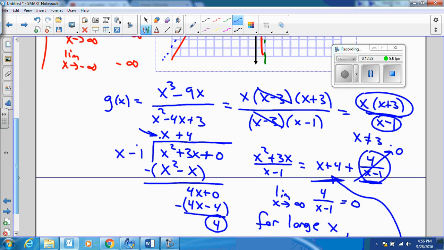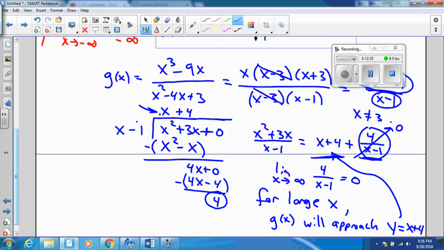And so what we have discovered is the very first instance of what we call a slant asymptote.